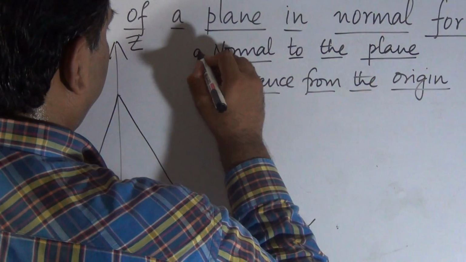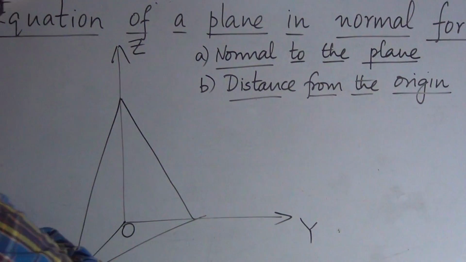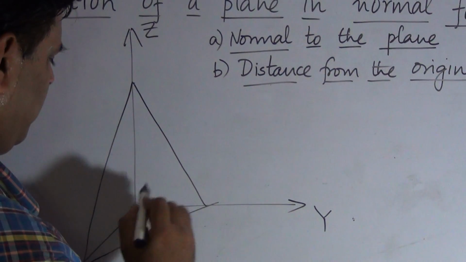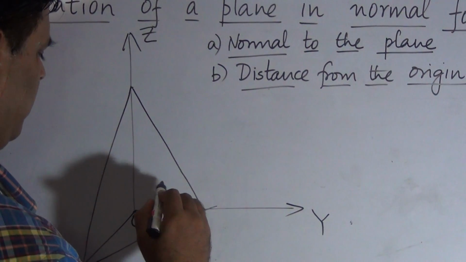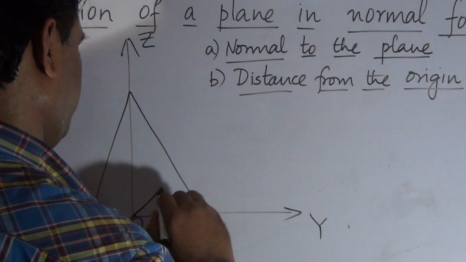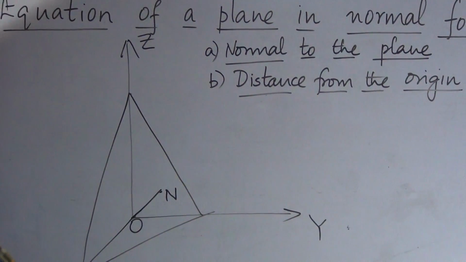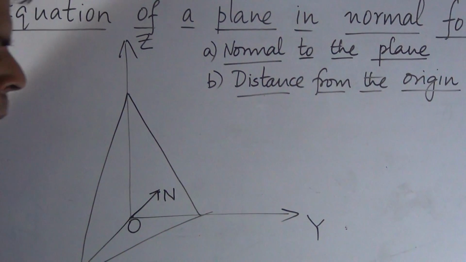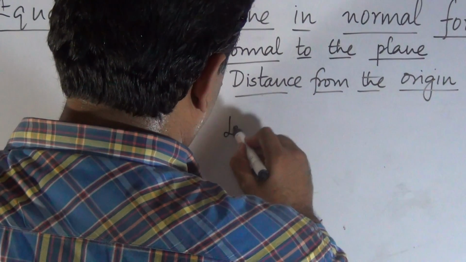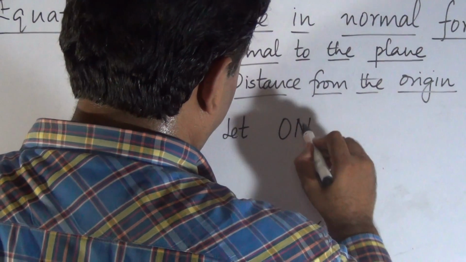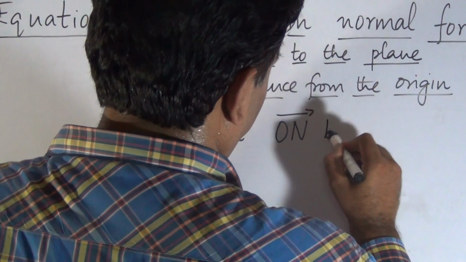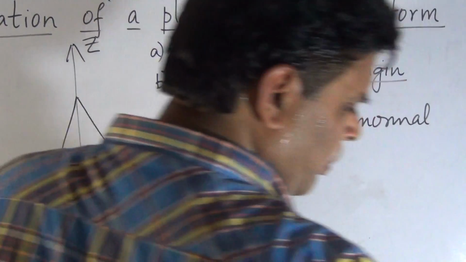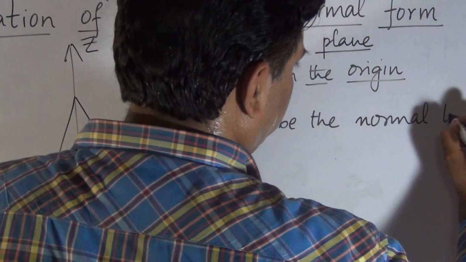So these two are given. Okay, let ON be the normal. Let ON be the normal to the plane from the origin.